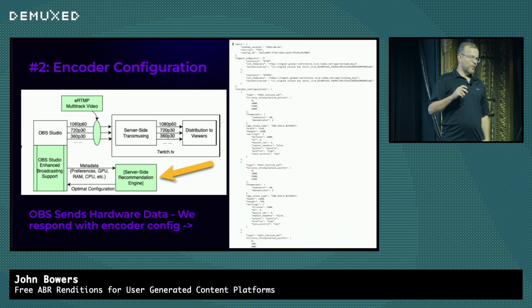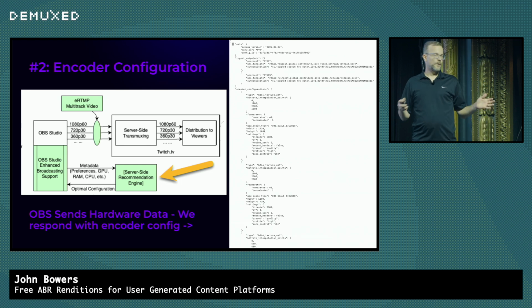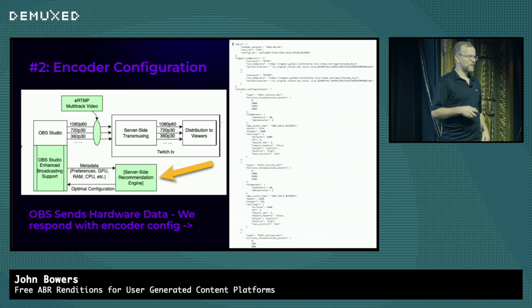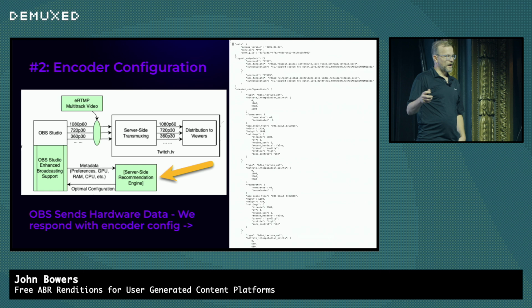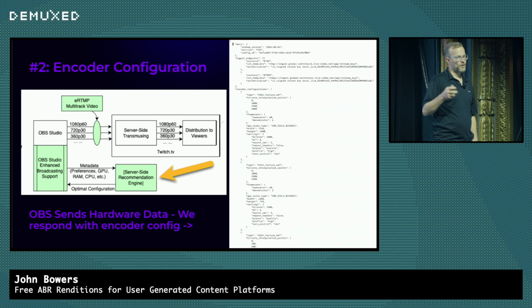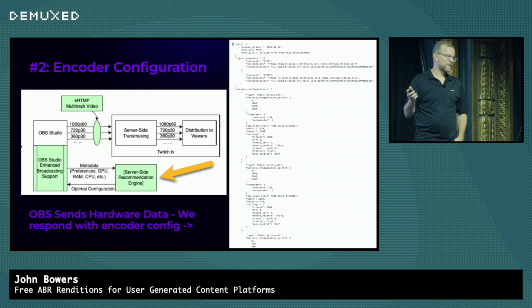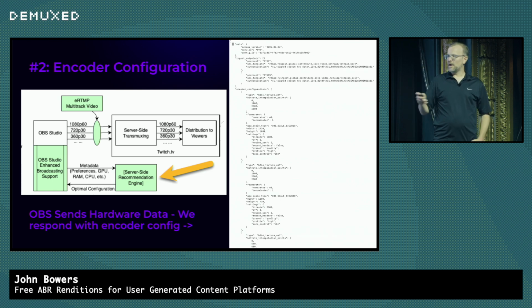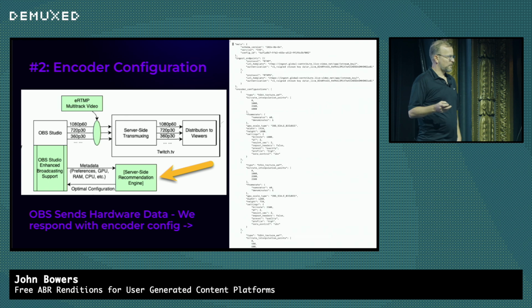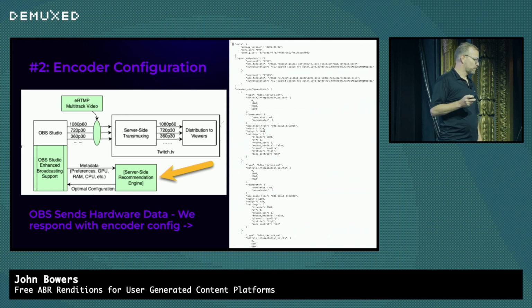So we worked to add an interface to OBS to call out with system metadata, like GPU details and CPU details, to what we've called a server-side recommendation engine in this graph right here. And then we will return what we feel is the optimal multitrack encoder configuration for any given system. And on the right, you can see what that looks like. It's basically JSON, a big JSON blob.